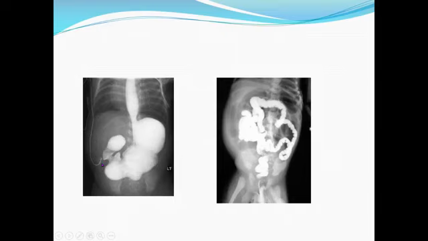So it is diagnosed as a complete obstruction, or complete atresia, of the duodenum. Here some dye passes through a narrow segment of the distal gut. I think it is a barium or contrast enema X-ray.